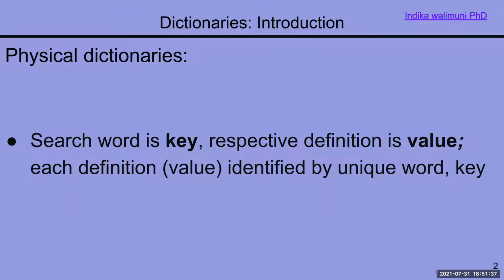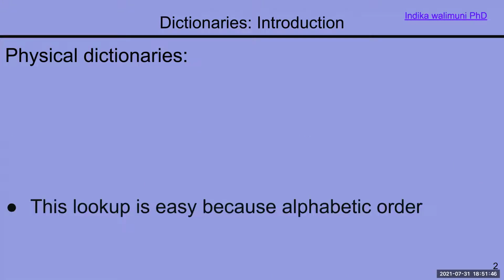Each definition is identified by a unique, distinct word, and that is the key. This lookup is really easy because all those keys are arranged in alphabetical order, so we know basically where to look.